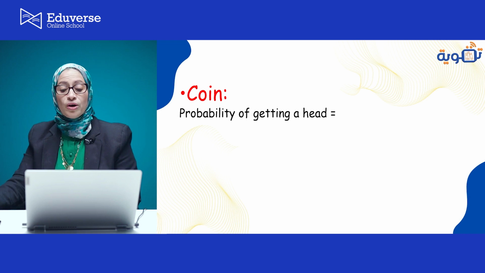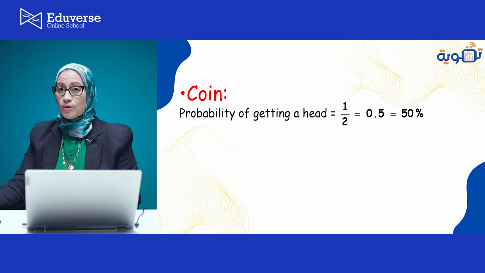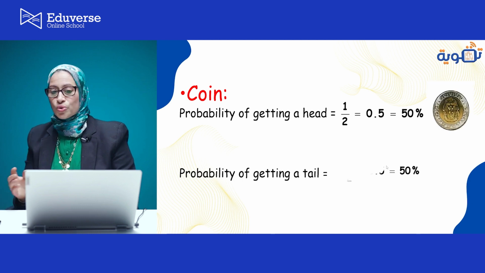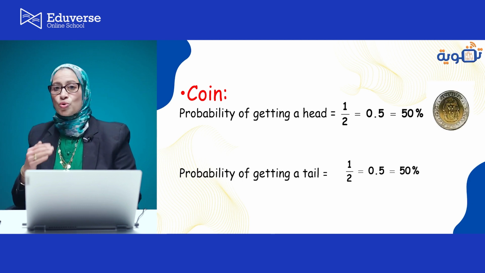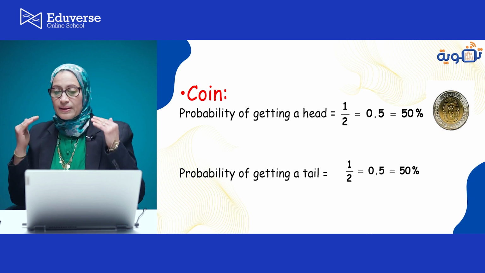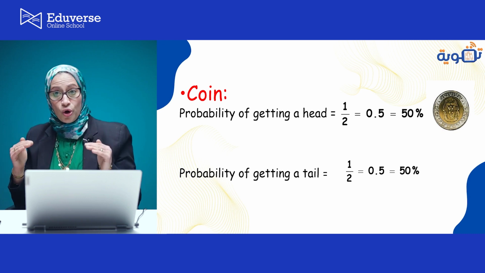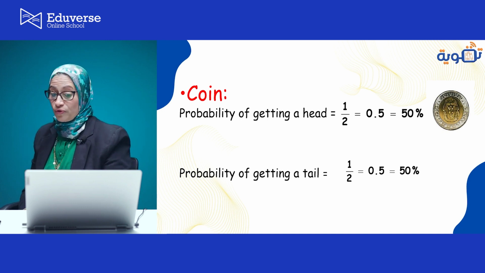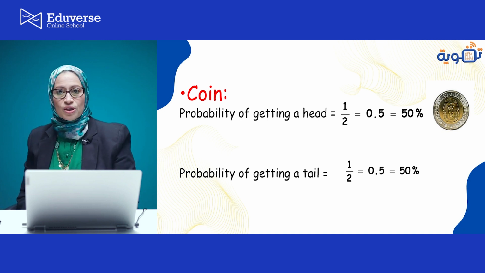So it will be 1 over 2, which means half, or I can write it as 0.5 or 50%. Also, what is the probability to get tail? Tail is also 1 over the total sample space for the coin, which is 2. So it will be 1 over 2, which is 0.5, also 50%. So it's so easy. This is for the coin.